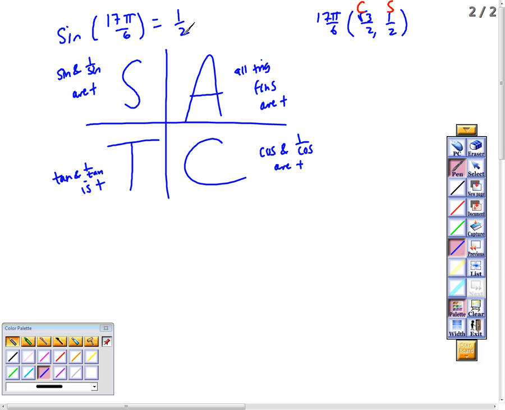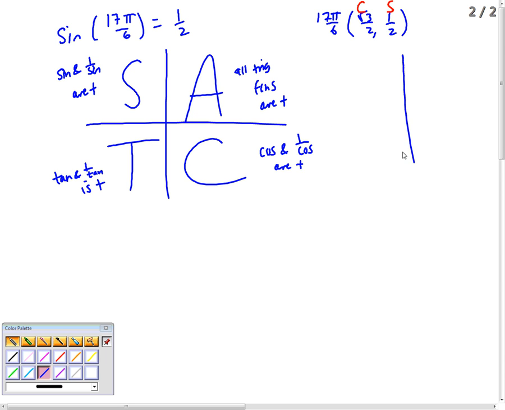So going back to this one, we still need to determine the sign of it. I need to know where 17 pi over 6 is. If I go around and I get 0, this is pi, this is 2 pi, this is 3 pi, 4 pi, 5 pi.